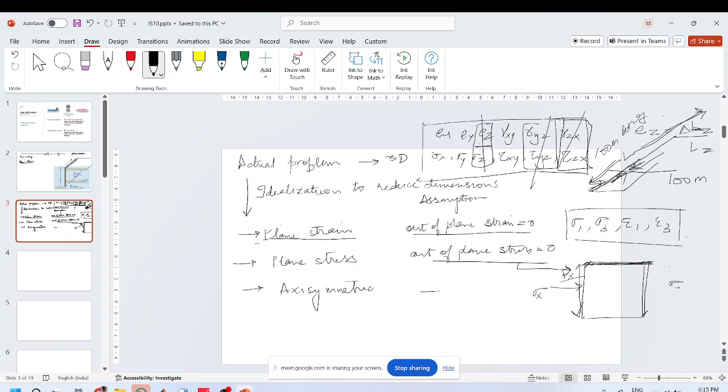The sigma y will correspond to this length, isn't it? But if you see here, the force will be concentrated. There is no area for this force. You understand what I'm saying?